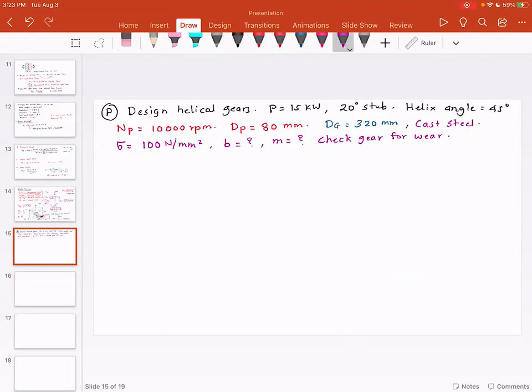So step one, based on the information given, we have to find out the torque. Power is equal to 2 pi NT divided by 60.